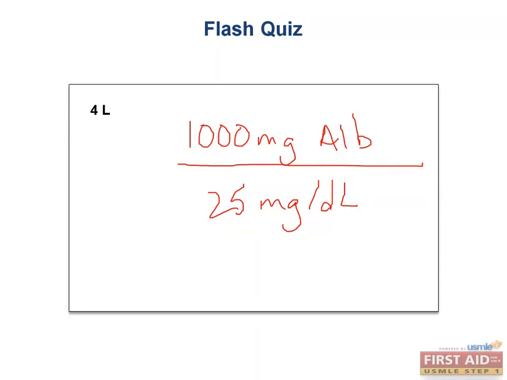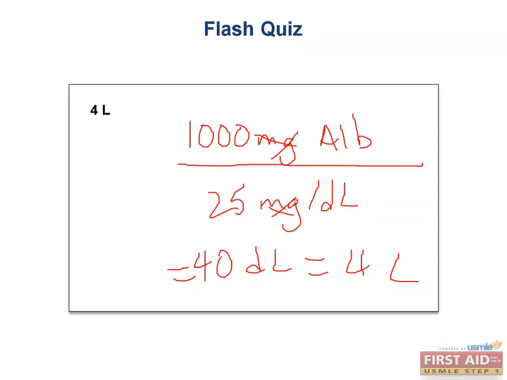Now the mgs will cancel out, and we'll get 40 deciliters, which is equal to 4 liters. And that's roughly equal to 3.5 liters that we would have estimated based upon our knowledge of the fluid compartments.